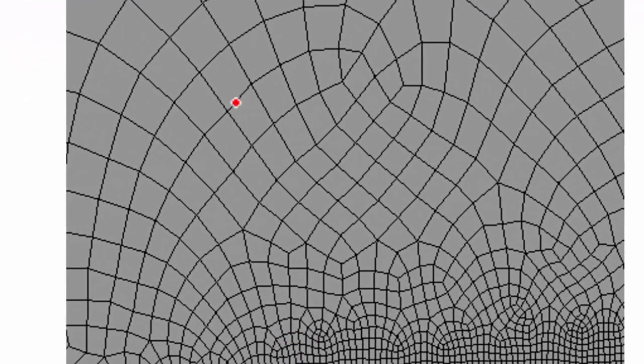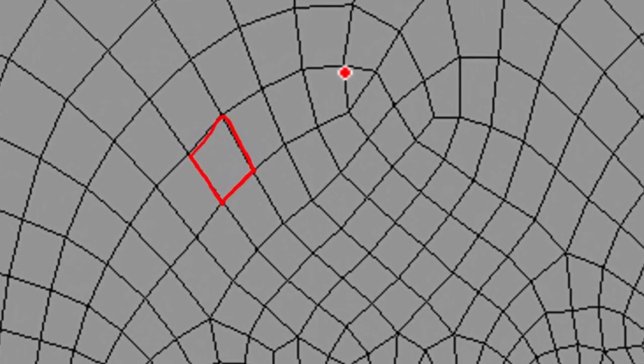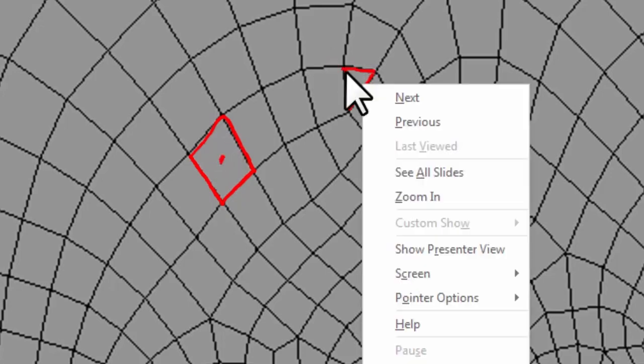So for instance, you have a quadrilateral here. Here's a quadrilateral. Here's a triangle. And we are going to solve for the values of pressure and velocity at the centers of these cells.